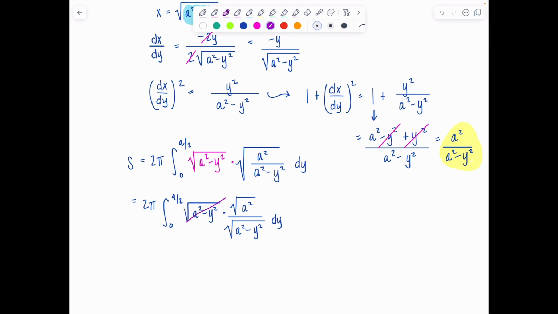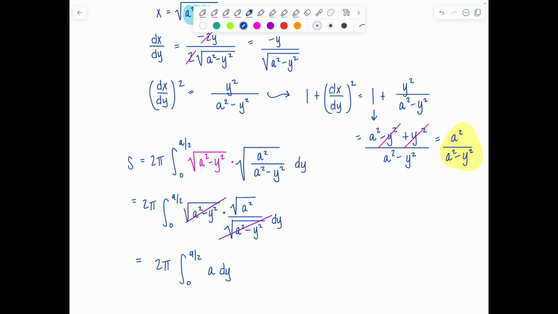Oh, do you just love this moment right here? The rad a squared minus y squared cancels. Rad a squared, I know it's just going to be positive a because we're from 0 to a over 2. Perfect, perfect.